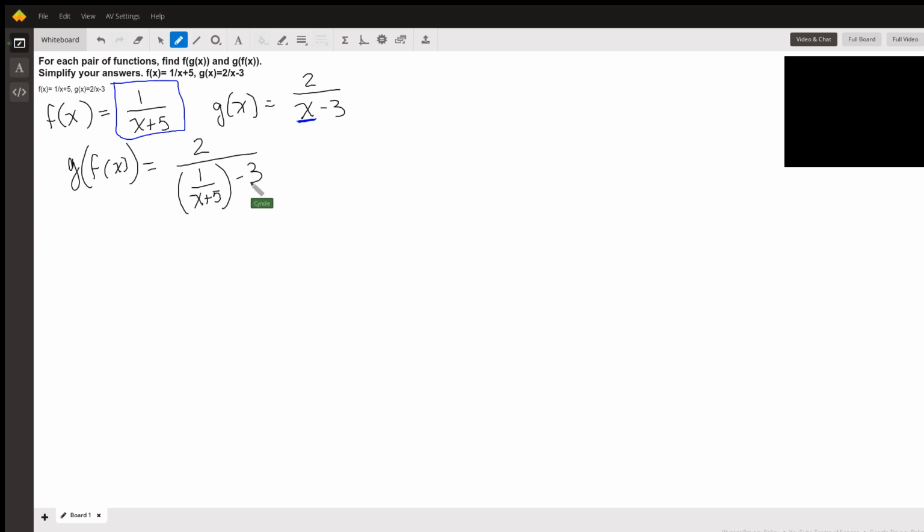minus 3. So again, here I need to add together the fractions that are in the denominator, which means that I'm going to view this 3 as a 3 over 1, and I'm going to multiply the top and bottom by x plus 5.